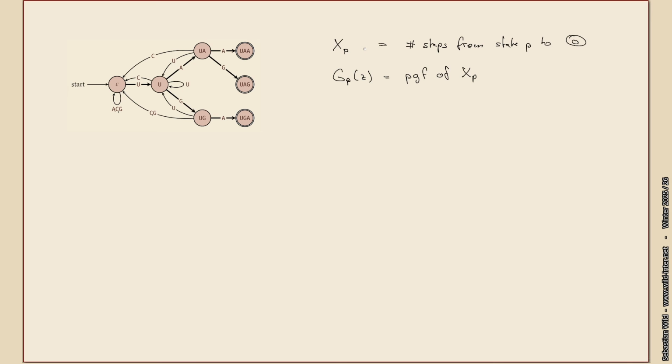And then you can do the same kind of reasoning as before. Let me do an example. So the GUAA, which is an absorbing state, there's no further steps to be taken. So it's the deterministic constant 0, which means the probability generating function is just a 1, z to the 0. And let's do the UA, for example. Maybe this doesn't need to be quite as small.